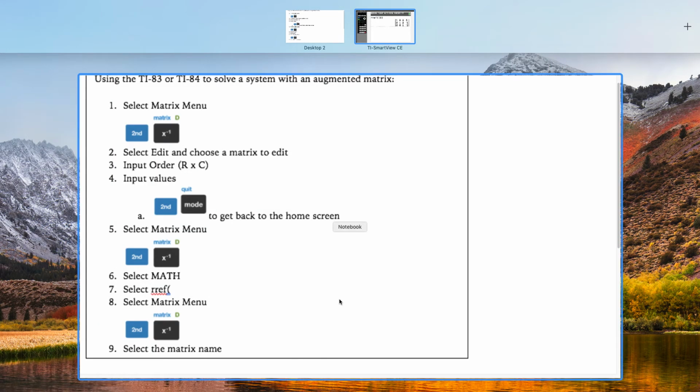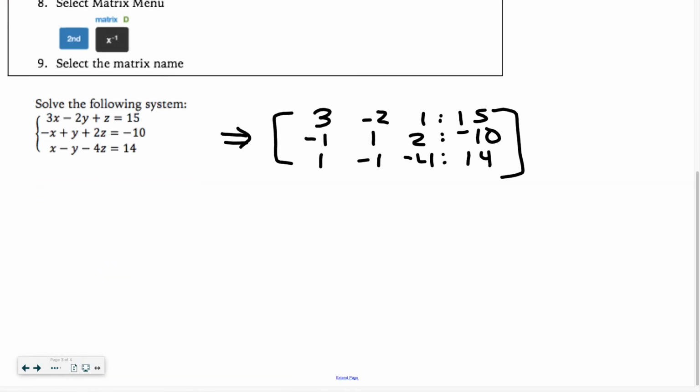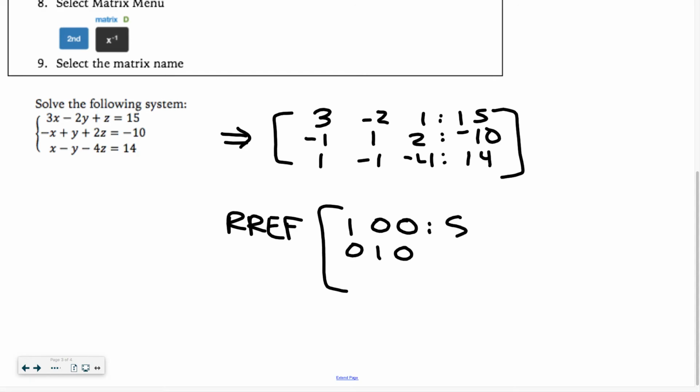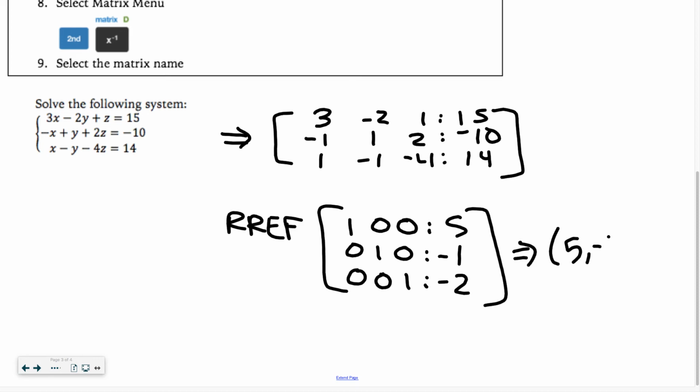Okay, my RREF in the calculator, just so I kind of know what it looked like, was 1 0 0 5, 0 1 0 -1, 0 0 1 -2. But that means my solution is the ordered triple (5, -1, -2).